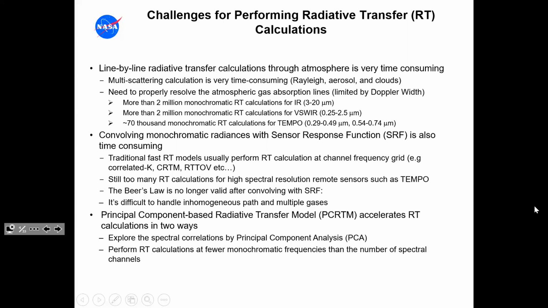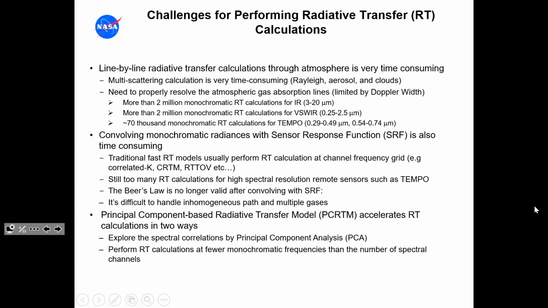You have this full understanding of what you're measuring, and then based on radiative transfer, you can invert the properties. As I said, when the hyperspectral sensor has thousands of spectral channels, it's very computationally challenging.